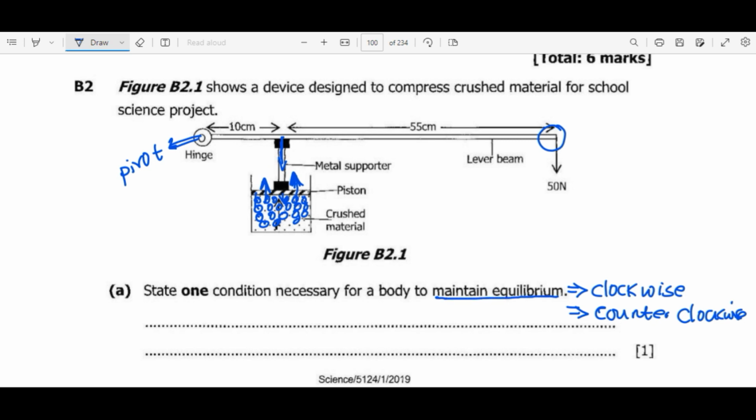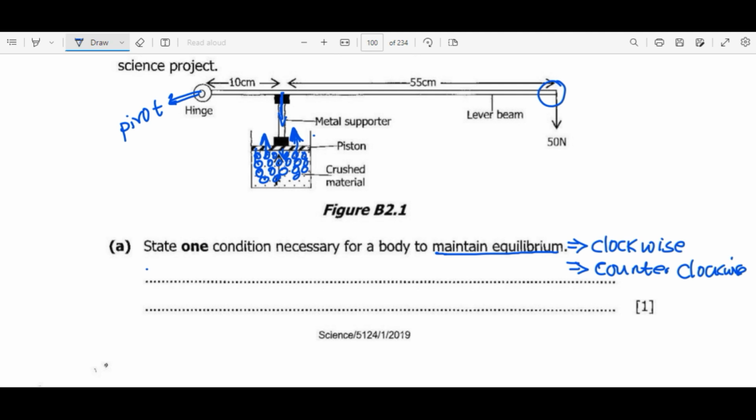To summarize our answer, the counterclockwise moment is produced by the material that we are trying to crush. Now to answer the first question, about stating one condition necessary for a body to maintain equilibrium. For this body to maintain equilibrium, the clockwise moment must be equal to the counterclockwise moment.